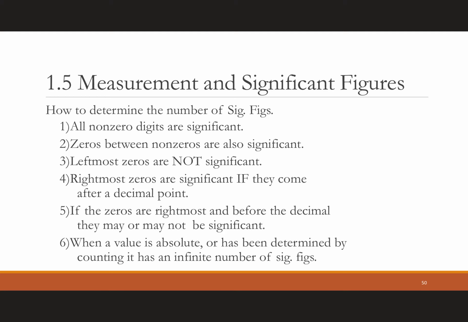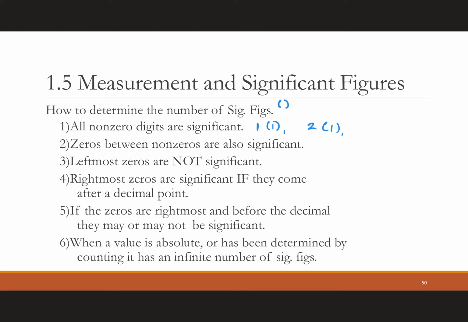All right, so how to determine the number of significant figures? We have these 6 rules here you need to follow. First rule, all non-zero digits are always significant. So for example, I'm going to put the number of significant figures inside parentheses for the numbers I'm about to write. For the number 1, there's 1 significant figure. For the number 2, there's also 1 significant figure.